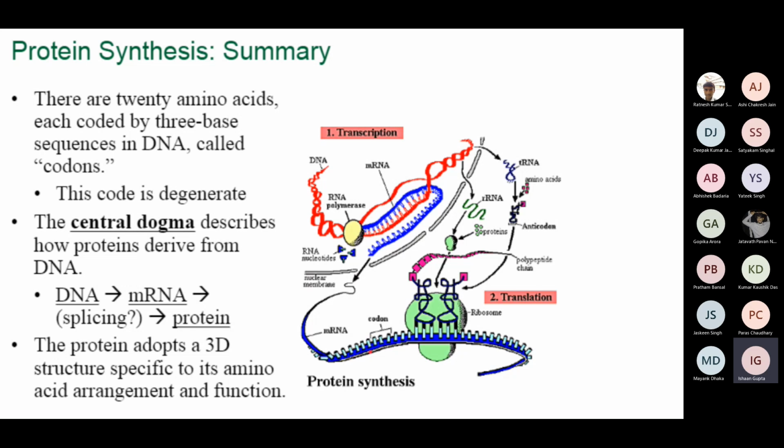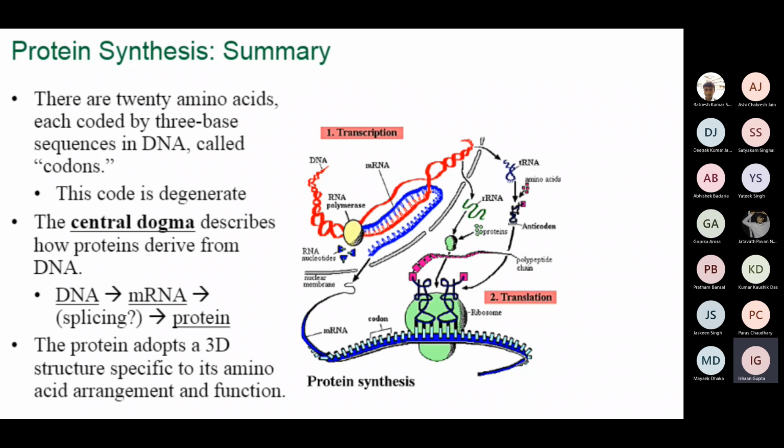You first transcribe them into RNA, making a complementary fragment of your gene into the mRNA space. Then from the mRNA space, you translate into the protein space to make a protein, and once you know this, you get a sequence of amino acids.